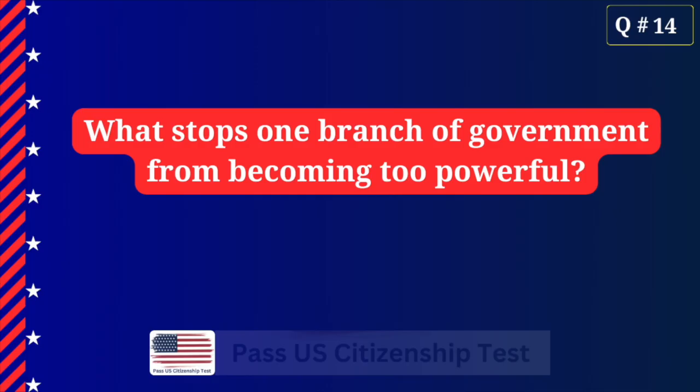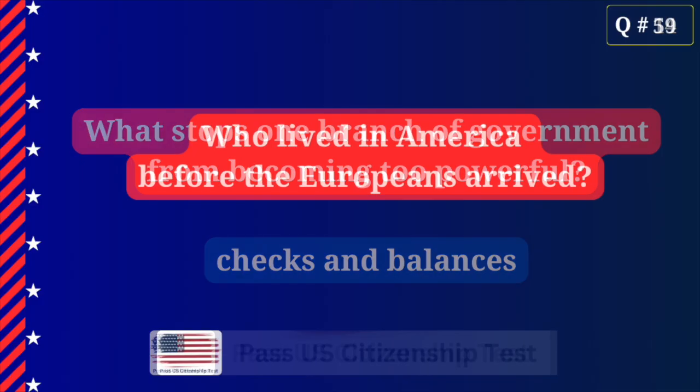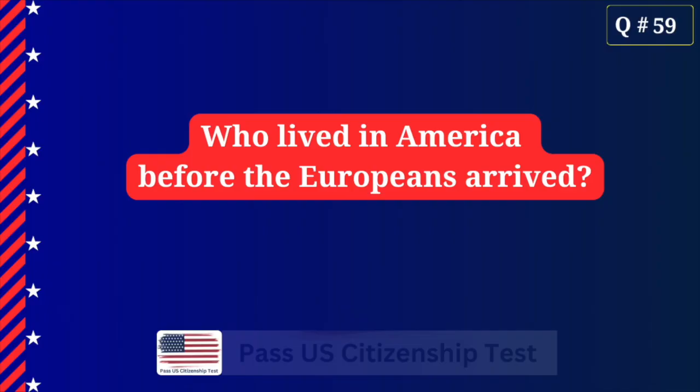What stops one branch of government from becoming too powerful? Checks and balances. Who lived in America before the Europeans arrived?